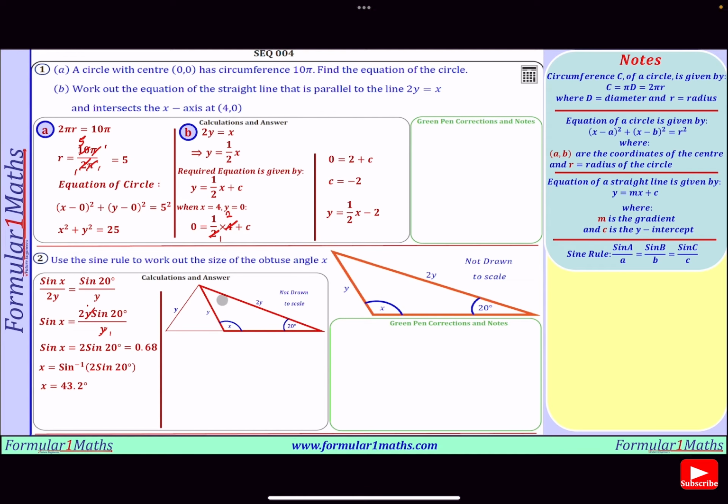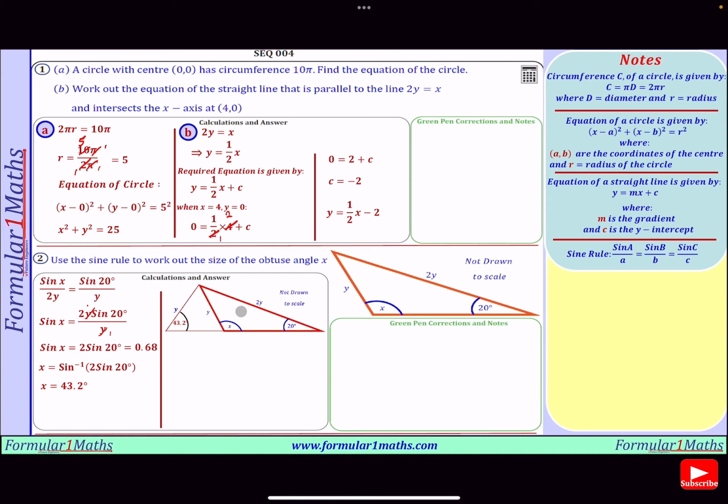So looking at a bigger triangle, the angle we found is the acute angle here. And so let's put that one in. And that is 43.2. And because this triangle is isosceles, with this side being equal to this side, it means this angle is also 43.2.